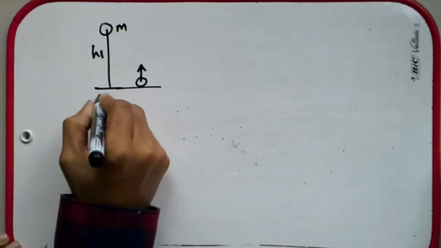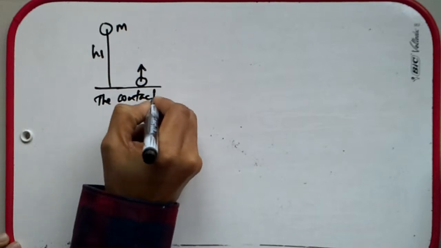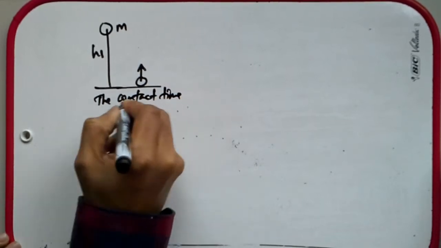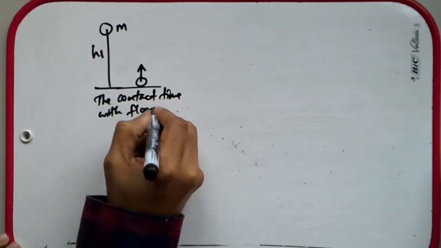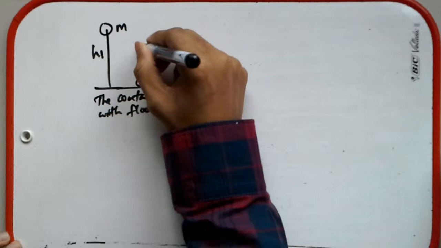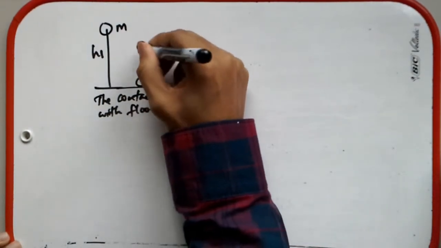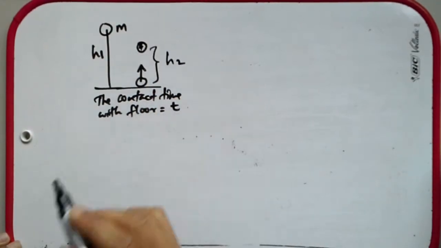So the contact time with the floor is small t, and it rebounds to a height. Okay, so let's assume here it comes to rest. So this is h2.